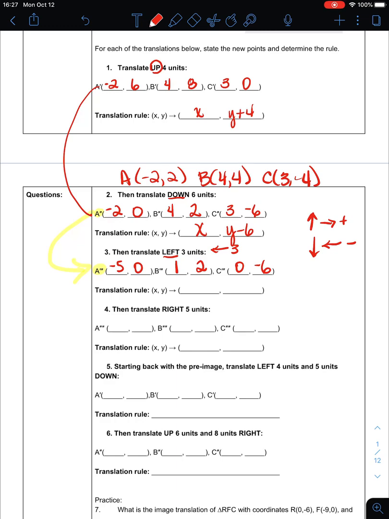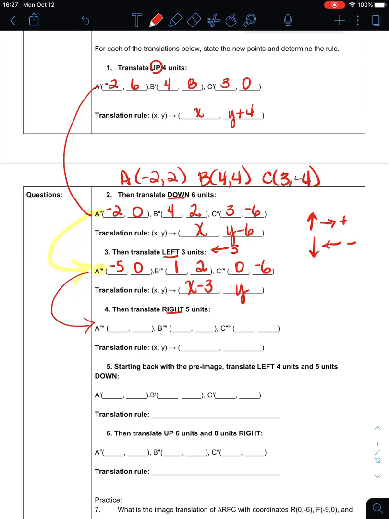And so my rule then is x minus 3. I'm going to take my x value and subtract 3, which will send me to the left, and then I'm going to say the same for my y value in this case. Now we're going to continue with that one because now we have 4 primes. So we're going to use our previous one again. I'm going to go to the right 5.